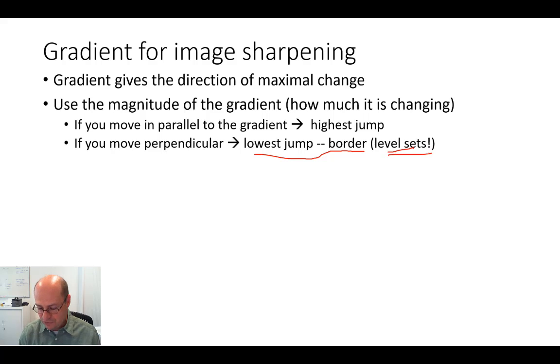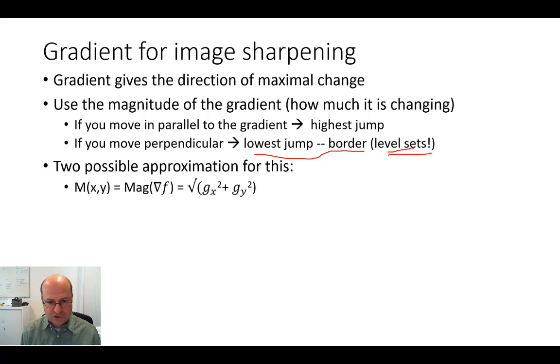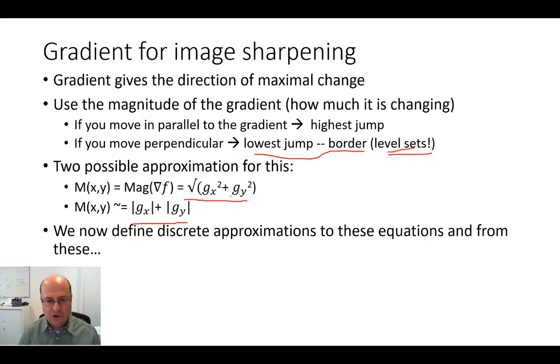It's also called level sets. Two possible approximations for this. You can approximate the gradient using this formula or this formula, and depending on the definition of the magnitude of the gradient that you're using, either this or this, you have different kernels, right?